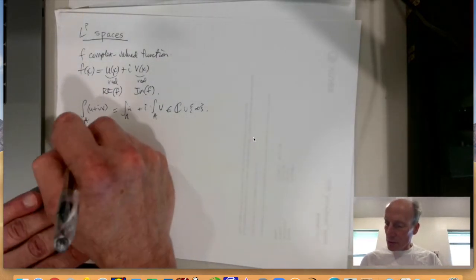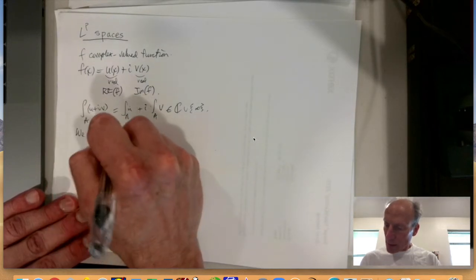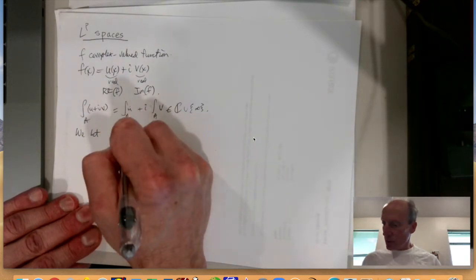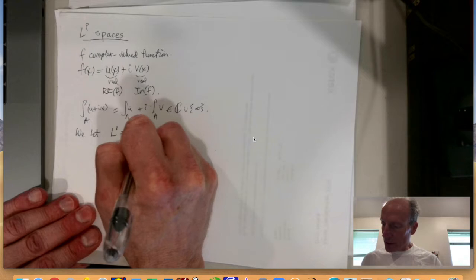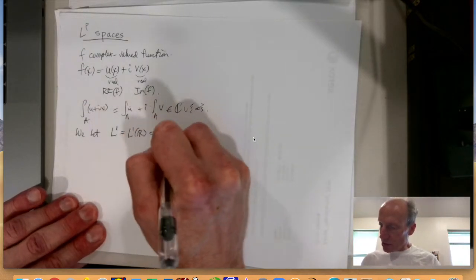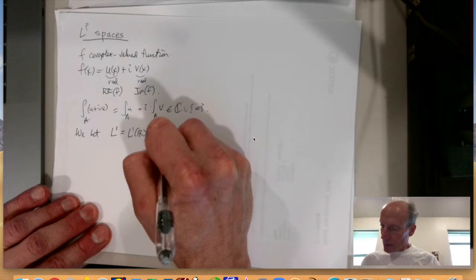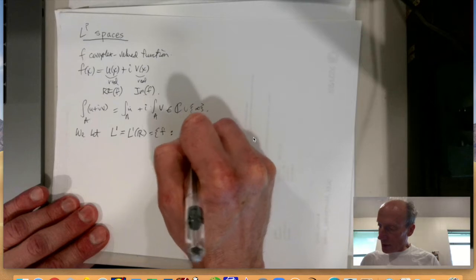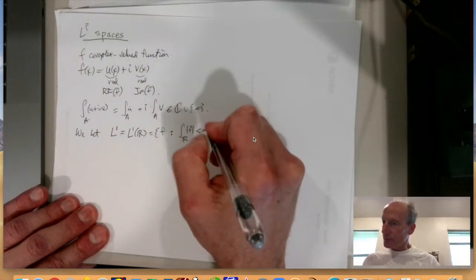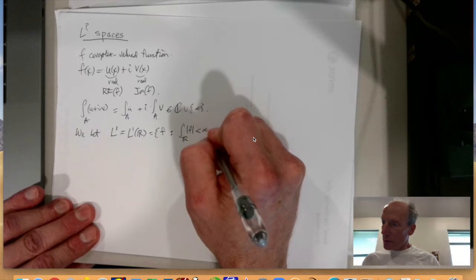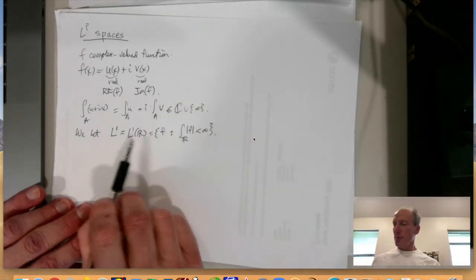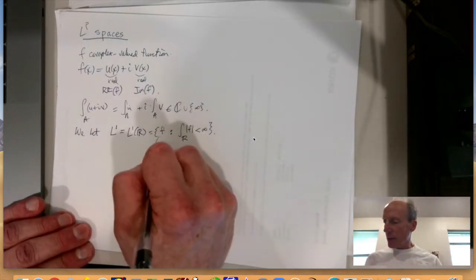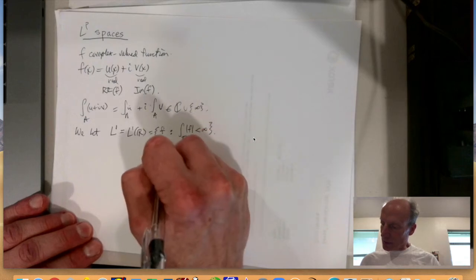So we let L1 of R be the set of all functions f such that the integral over R of the absolute value of f is less than infinity. This is the same as the script L, the Lebesgue integrable functions, but now we're allowing f to be complex valued.